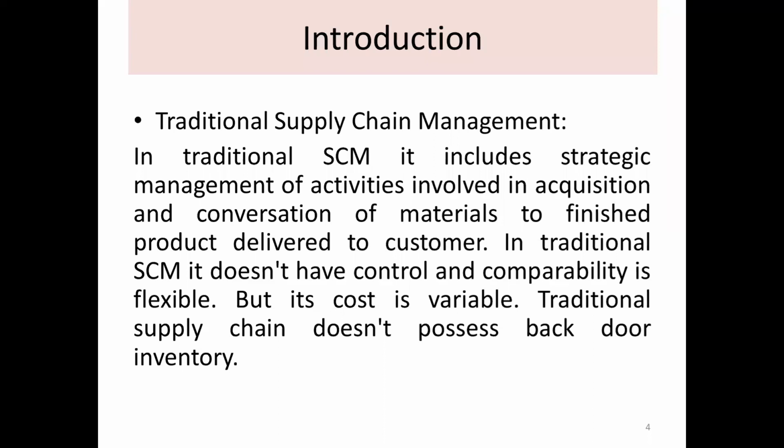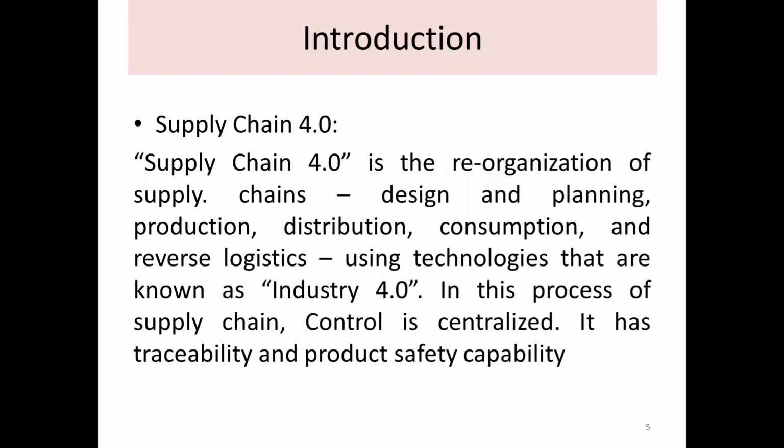Traditional supply chain management includes strategic management of activities involved in the acquisition and conversion of materials to finished products delivered to the customer. In traditional supply chain management, it doesn't have control, and comparability is flexible, but its cost is variable. Traditional supply chain doesn't possess backdoor inventory.